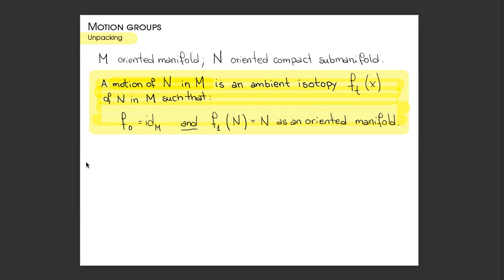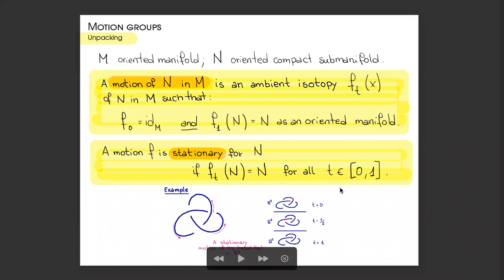So maybe if N had different connected components, they could have permuted among themselves.